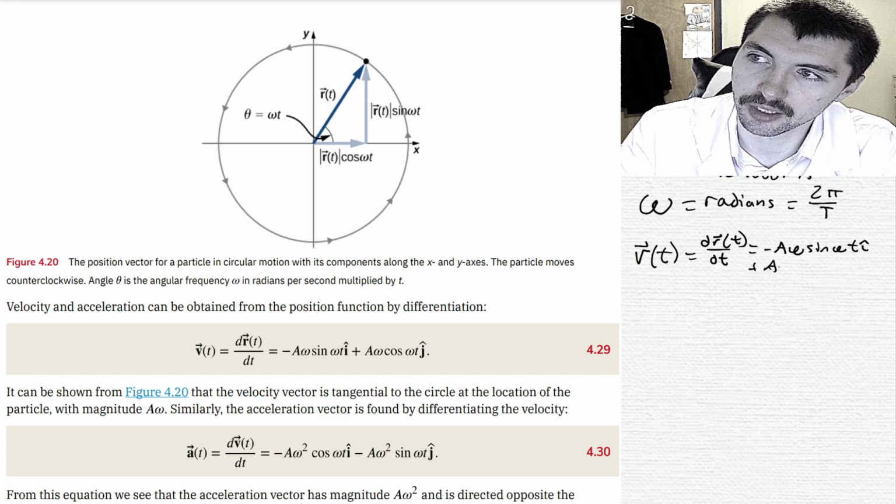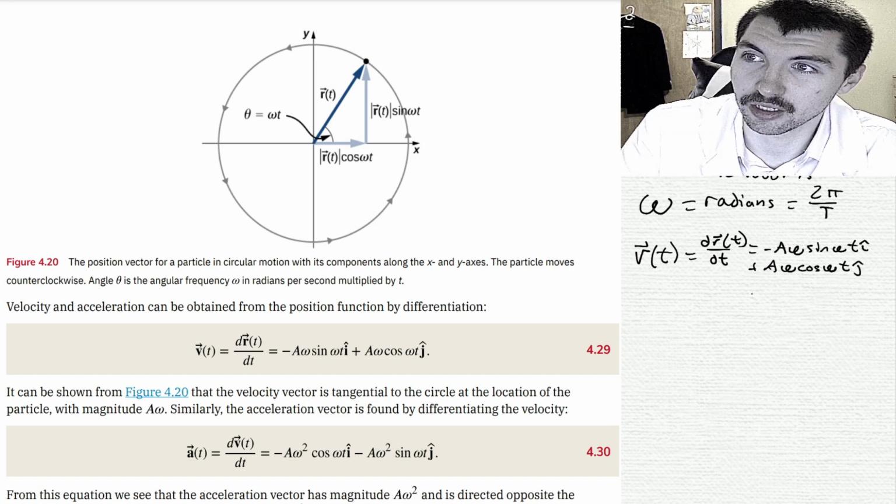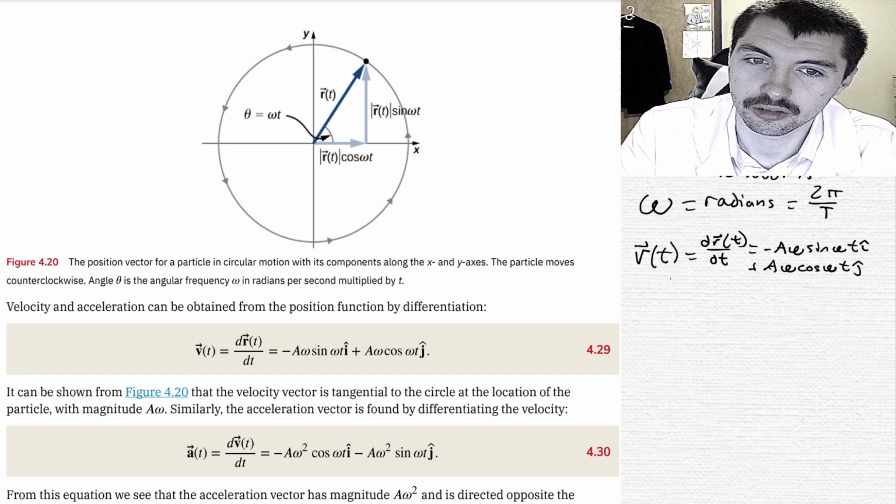So you might be like, man, these are too many variables. Don't be alarmed. This is just being very abstract. So I wonder why they didn't just give r, the position vector, first, but we can find r by taking the integral of negative A omega.